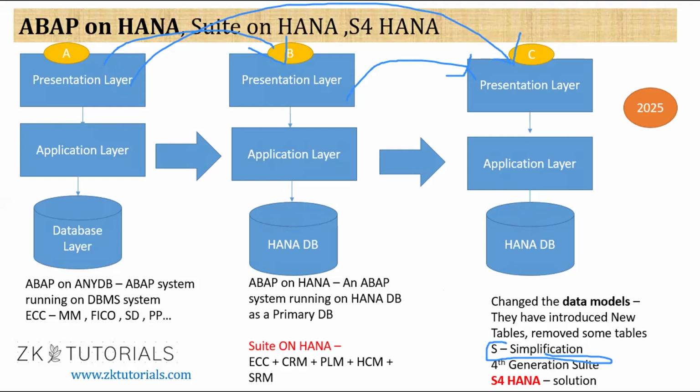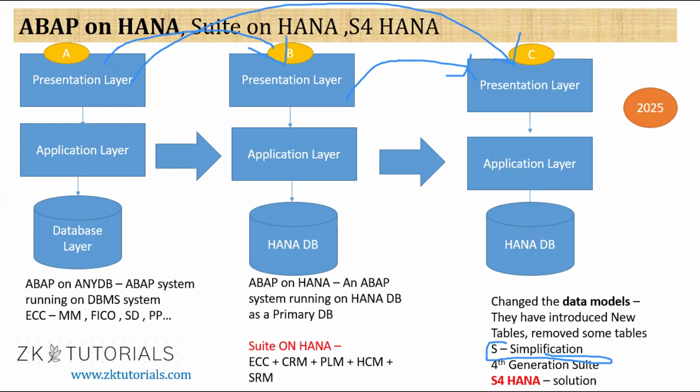In this session, we will look at the strategy when our company is moving from A to C. What are you supposed to do as an ABAP developer whenever the company is moving to S4HANA? What should our strategies be?